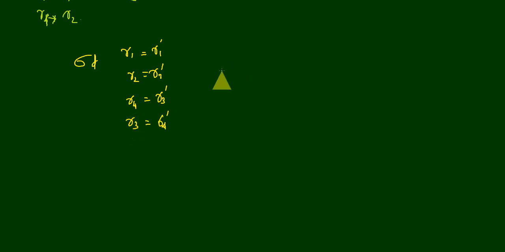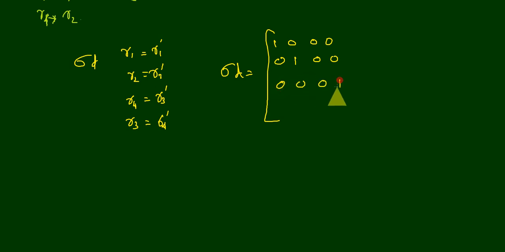So in the matrix form, we can write sigma d is equal to 1, 0, 0, 0, then R2 dash is equal to R2 itself, so 0, 1, 0, 0, and R3 dash is equal to R4, so we can write 0, 0, 0, 1, and R4 dash is equal to R3, so we can write 0, 0, 1, 0. Okay. That is the matrix corresponding to sigma d.